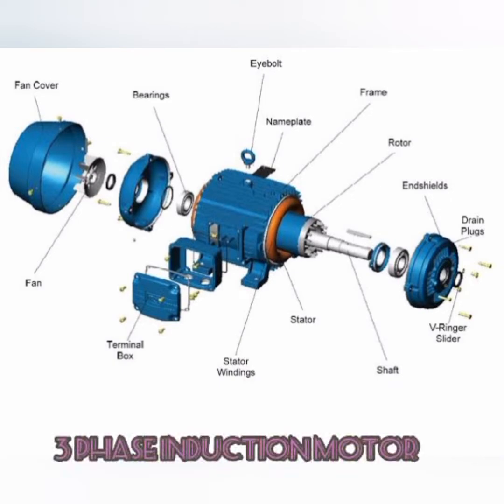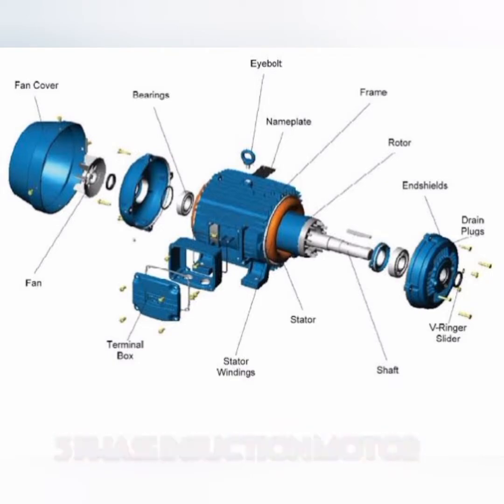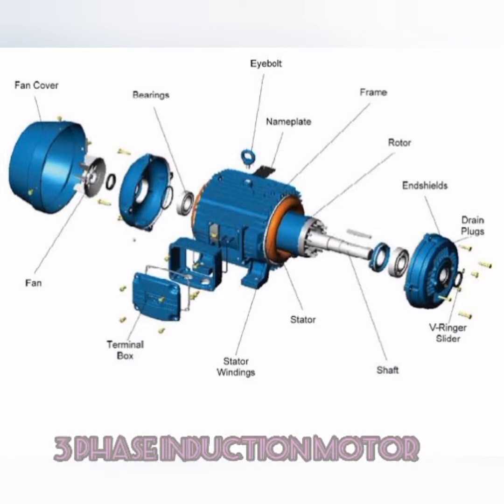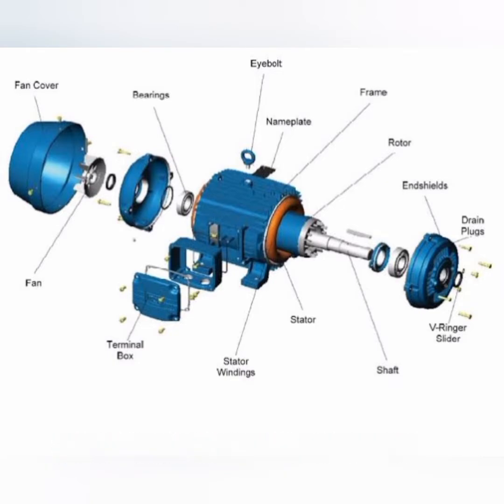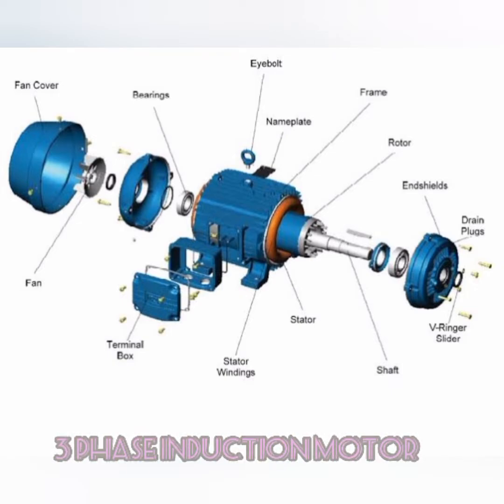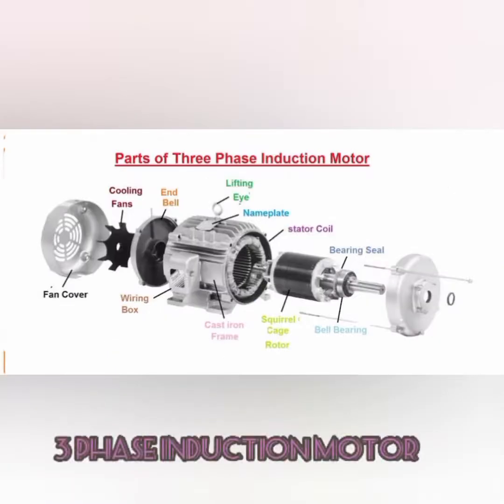Then the bearings are connected inside on the shaft. Then the stator winding and stator portion and the rotor windings and rotor portions are given. The three-phase supply will be connected at the terminal box, inside which the three-phase input cables connect to the stator windings and stator cores. These are all the major parts of the three-phase induction motor.